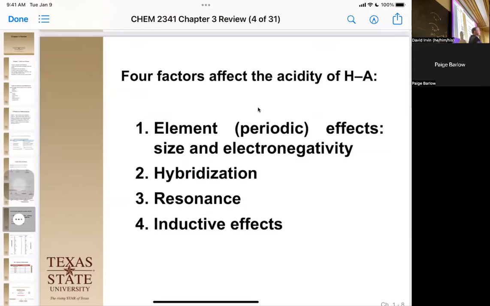And then inductive effects, that's pulling through sigma bonds using electron donation or electron withdrawing. We demonstrated with electron withdrawing, making them more acidic. Adding electrons to the system actually makes them less acidic. They're less stable. All right, questions on factors?